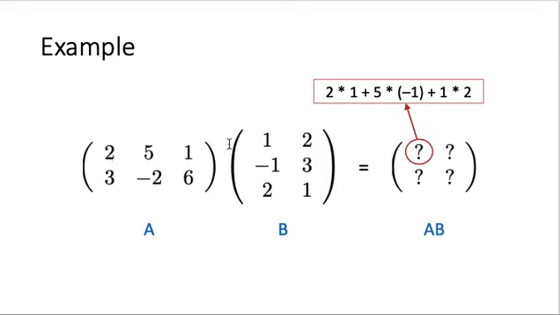So we have 2 times 1 plus 5 times minus 1 plus 1 times 2. So we get the value here. In order to get this value, the work is proportional to the number of entries in A's row or the number of entries in B's column. So it takes CA time.